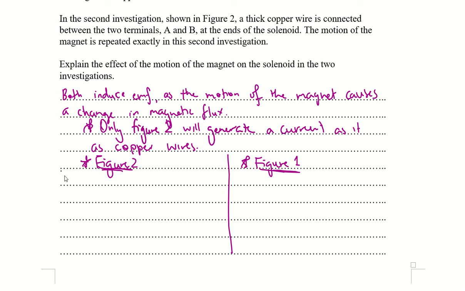Okay, so figure 2, induced current will generate a B field to oppose the original motion.